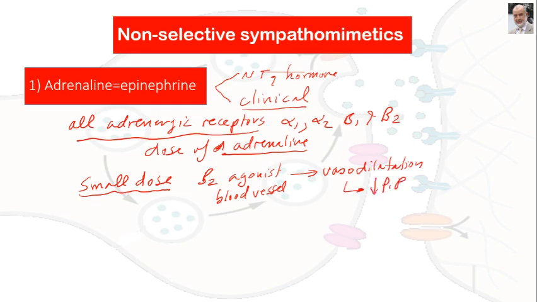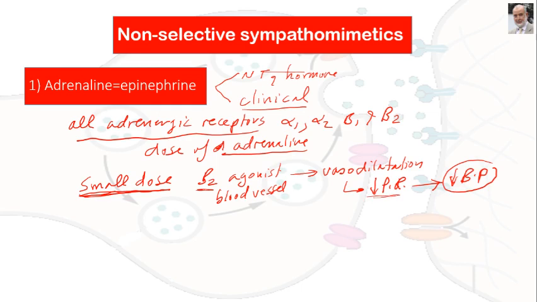Once there is a decrease in peripheral resistance, what will happen to the blood pressure? Blood pressure will be decreased. Therefore, small doses of adrenaline, lower than the therapeutic dose, will have more affinity to beta-2 receptors, producing decrease in peripheral resistance and therefore decrease in blood pressure.